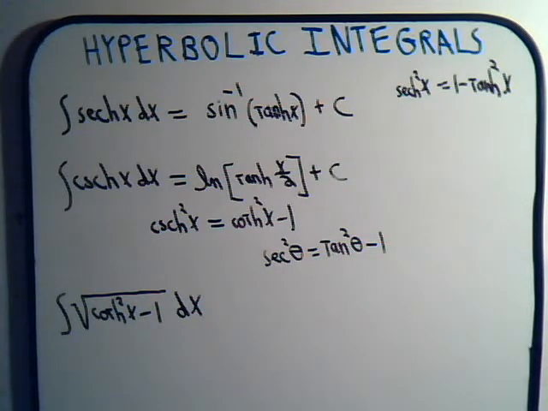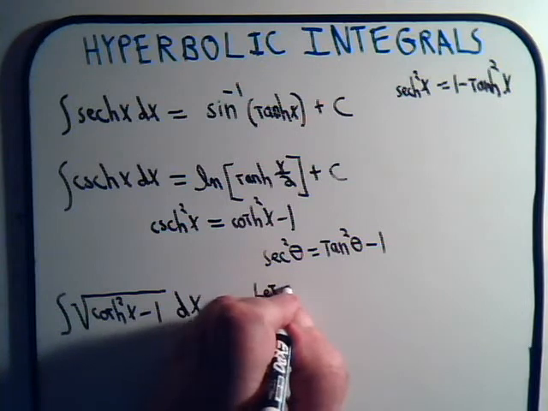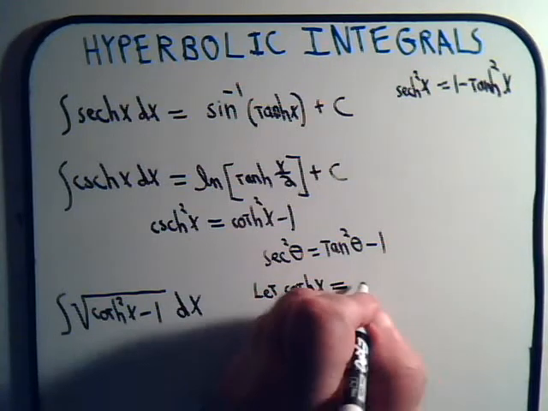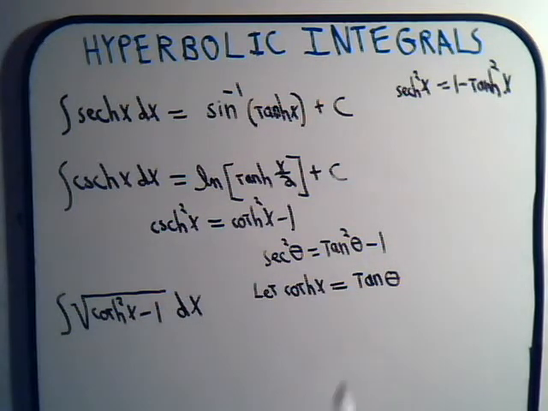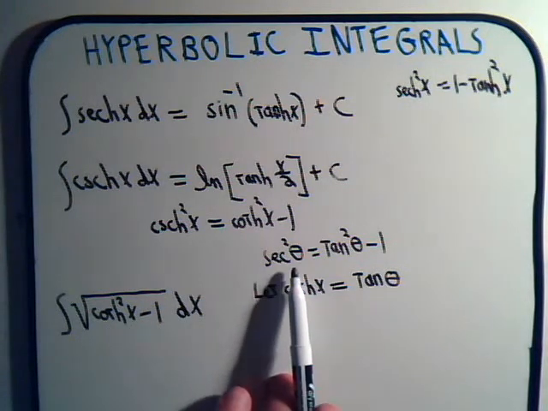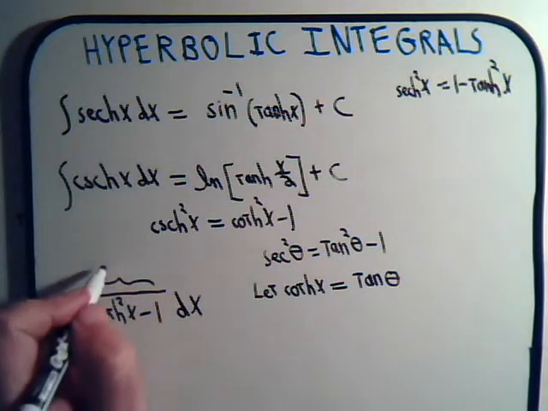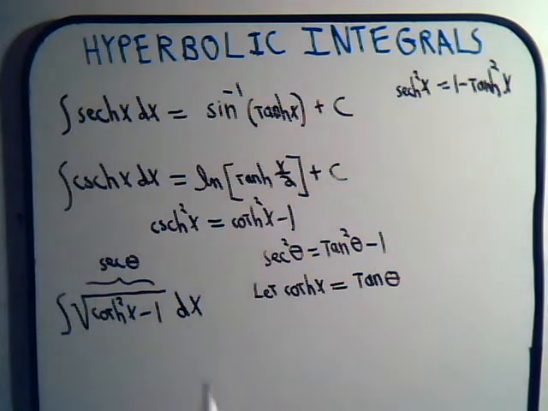So what we do is we say, let the hyperbolic cotangent of x be equal to the tangent of theta. That's our substitution. Now we put that substitution in here, we're going to have the tangent squared of theta minus 1. Well, that's the secant squared of theta, and we're taking the square root of it. So this part of the integral now becomes the secant of theta.